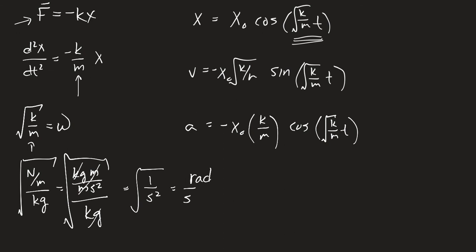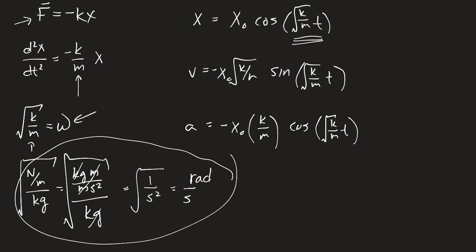And in whole numbers, angle measurements are in radians. Inside there has to be a value in radians. So this is to prove to you that omega is not a bad idea for a symbol here. It has to be radians per second. And this is called the angular frequency.